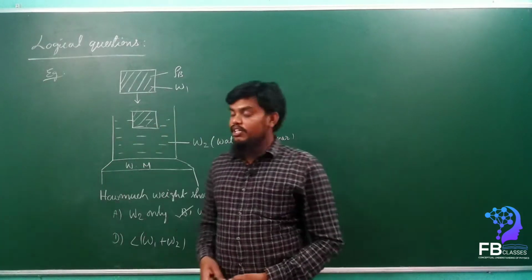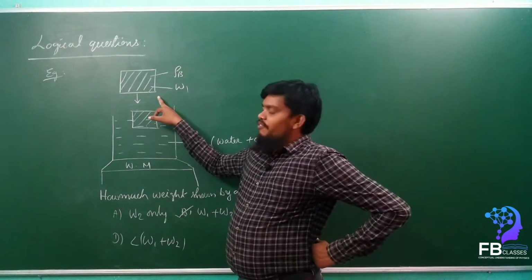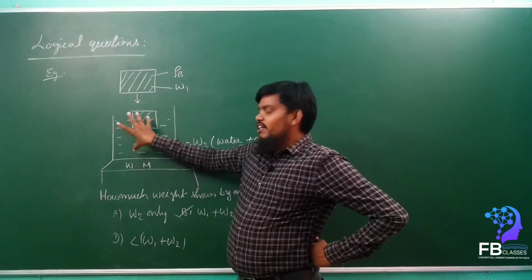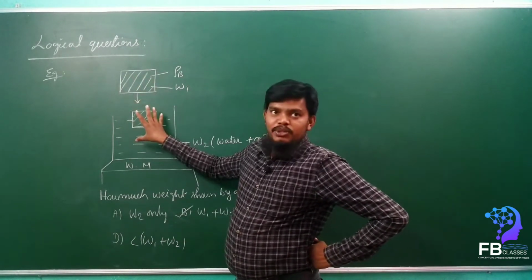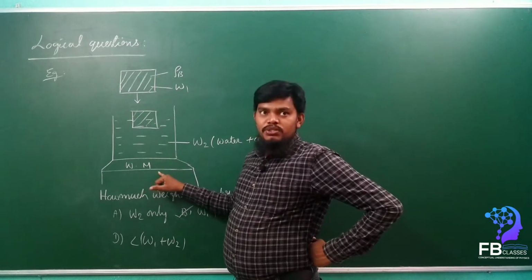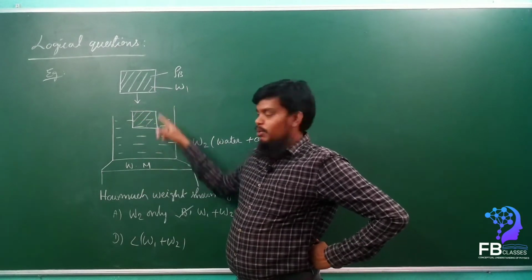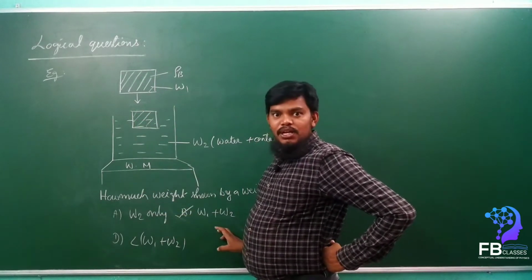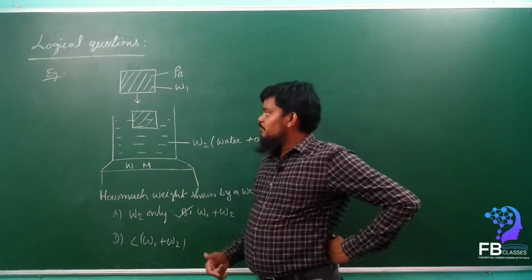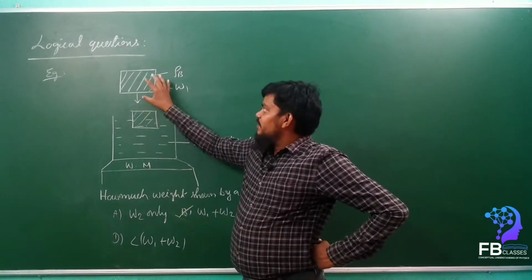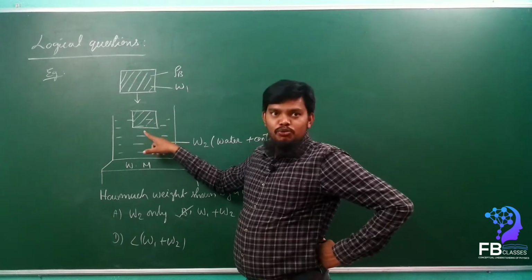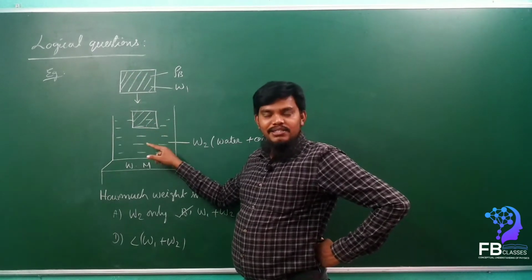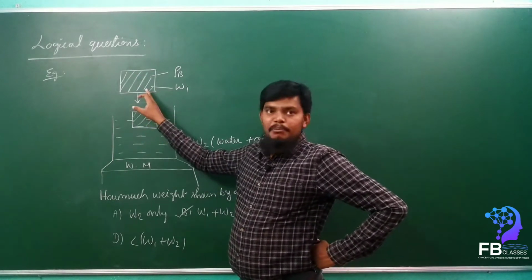If you think very carefully, the weight of the block is W1 and the weight of the container is W2. The block is added to the container. So how much reading will show? The reading of both. Yes or no? W1 plus W2. If you think logically, with conceptual understanding, the force exerted by the block is applied onto the water. Water also applies a buoyancy force onto the block.